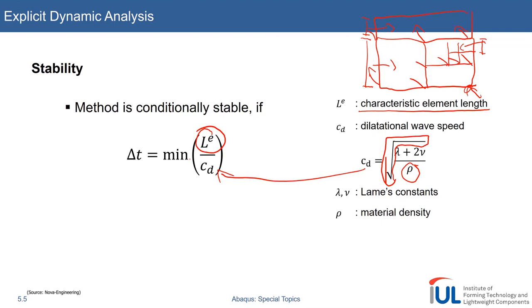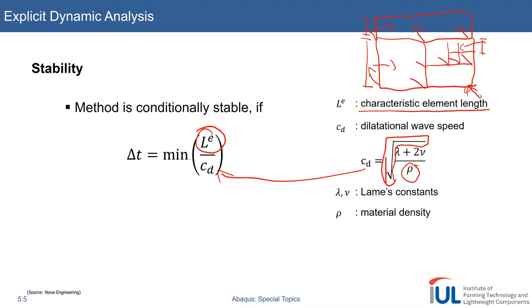So L, if we're going for explicit dynamic analysis, because we have to work in a consistent unit system, this is an actual length. Before I said you're talking in units, like time units, geometrical units, but now they have a physical meaning. It is millimeter or meter.